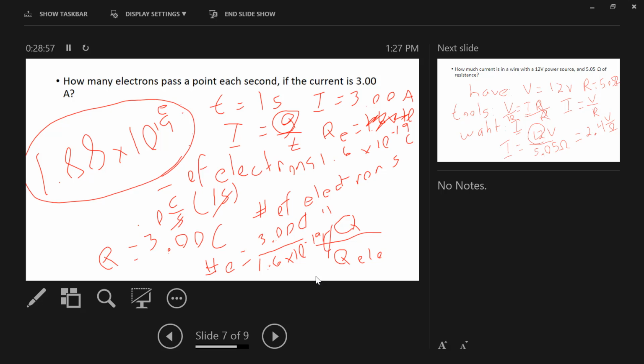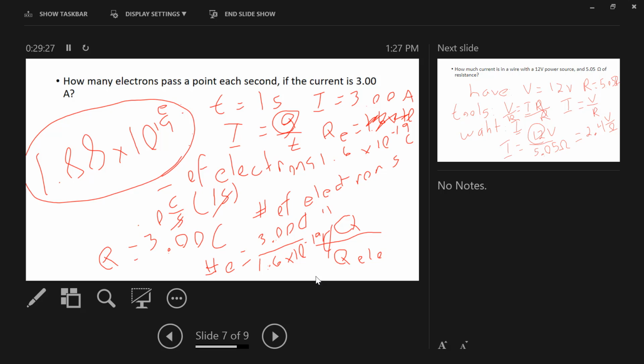Let's multiply T to both sides. These T's will cancel. We'll get Q is equal to I times T. We've seen that tool before. In fact, we used it in our second problem. So we'll do our current, which is 3.00, a lot of things got sacrificed in order to present this answer.